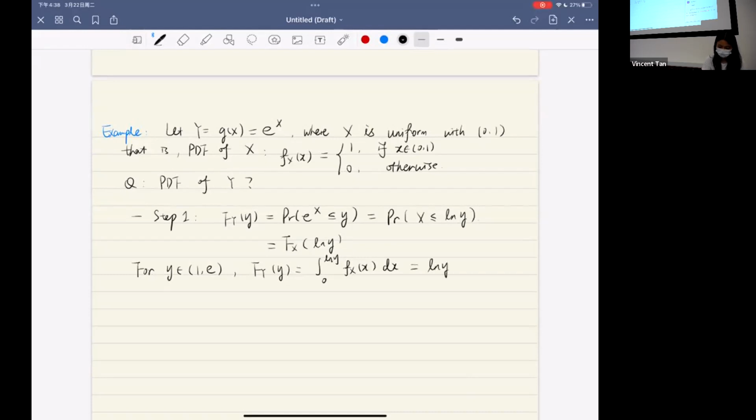So we obtain log y here. Y smaller than 1, which means log y is smaller than 0. So the CDF of y here is the integral from minus infinity to log y, where the f_X is already 0 in this interval. So we obtain 0 here.